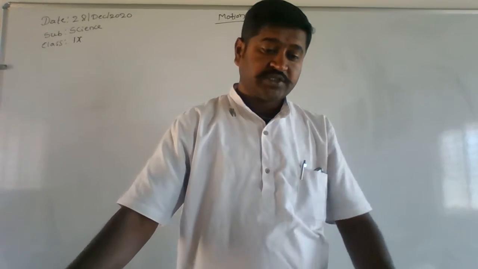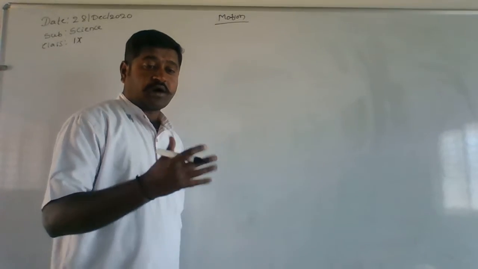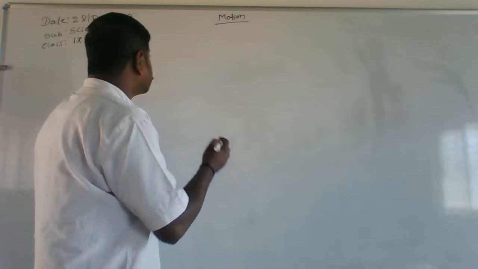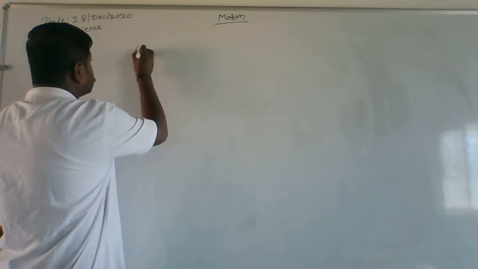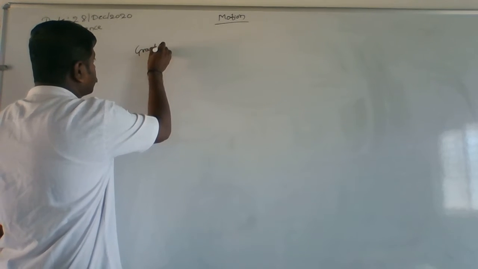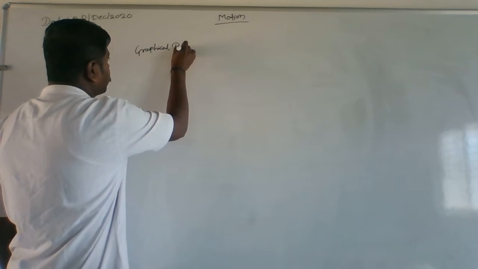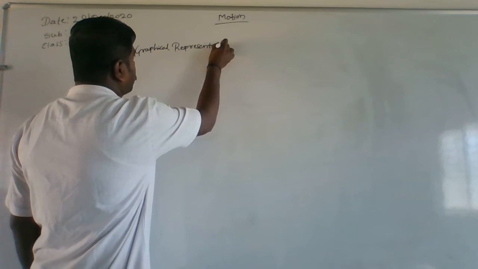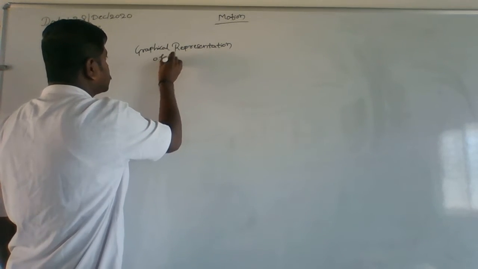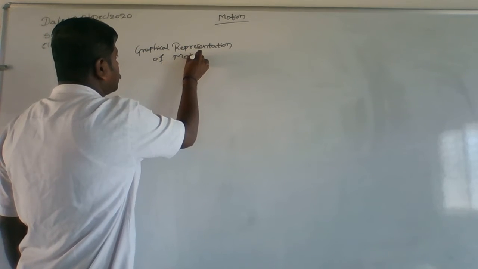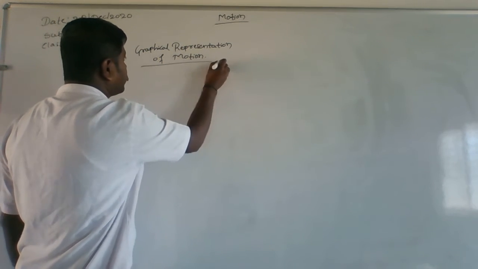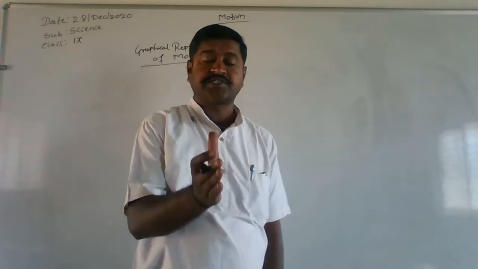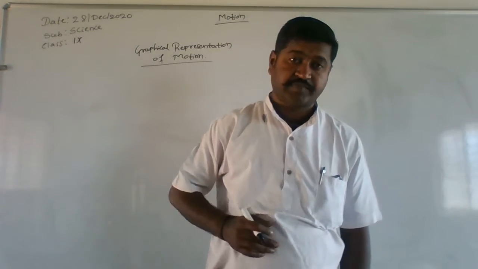So now today we'll see how these are represented by graphs. That is the graphical representation of motion.